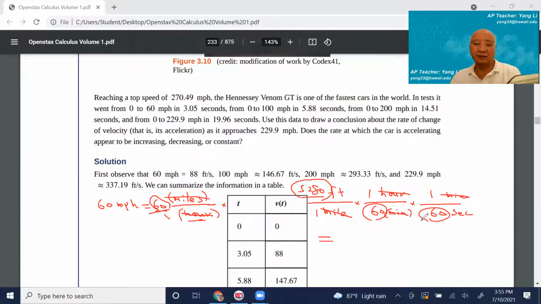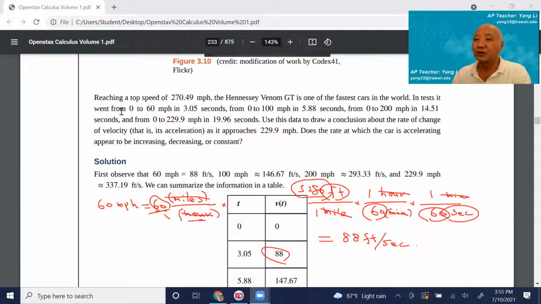For 60 times 60 at the bottom, you should put parentheses and follow the order of operations. You will get 88 feet per second. That's why they got this one. We can use this method to do all the conversions first.